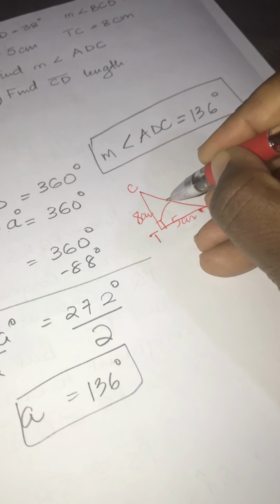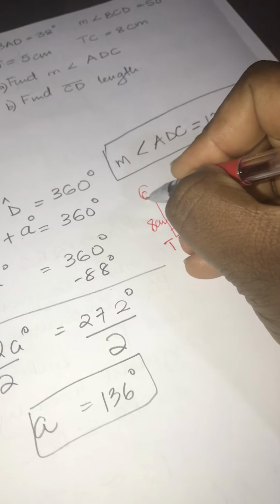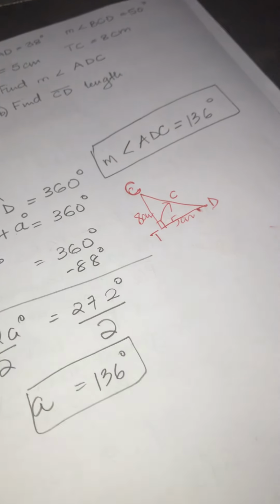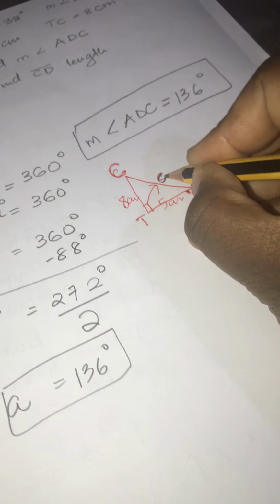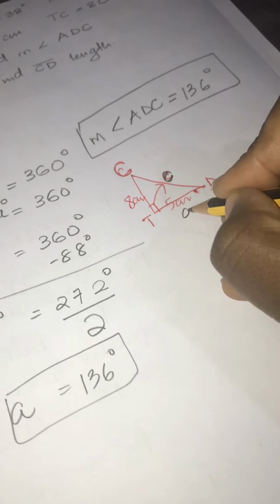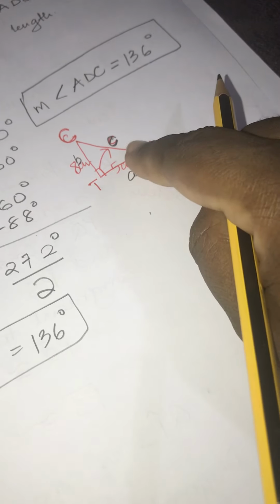So if this is 90 degrees, this is small c. This is capital C. And if that is small c, this is A and this is B. So I use the Pythagorean Theorem. I want to find c.